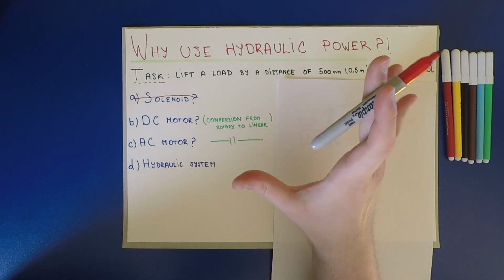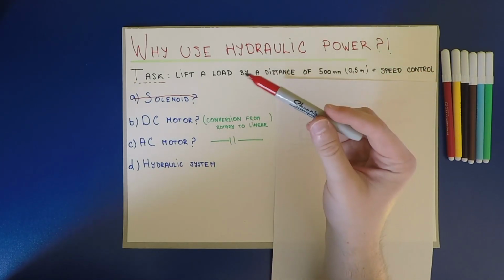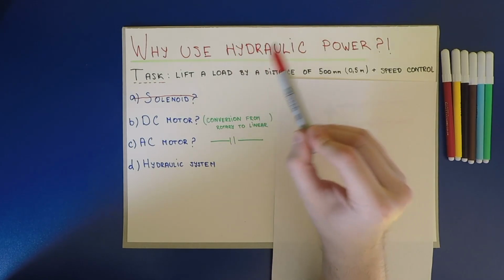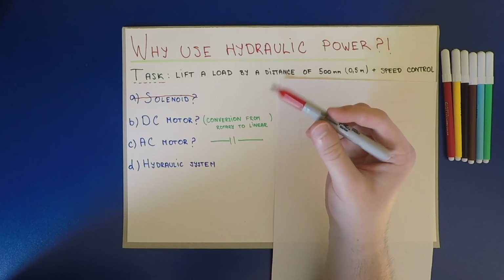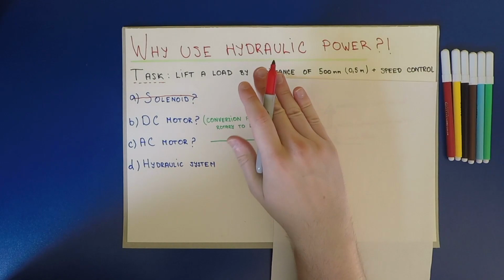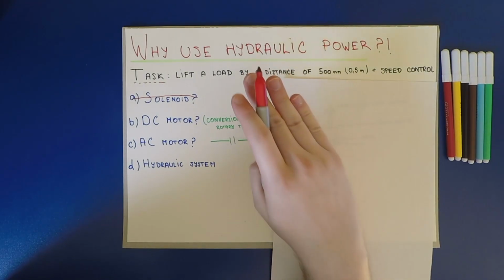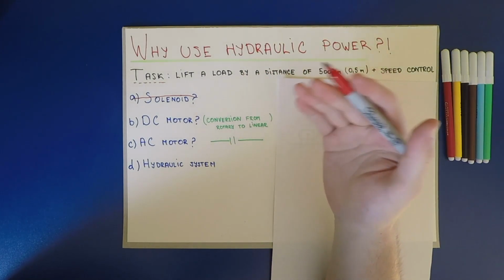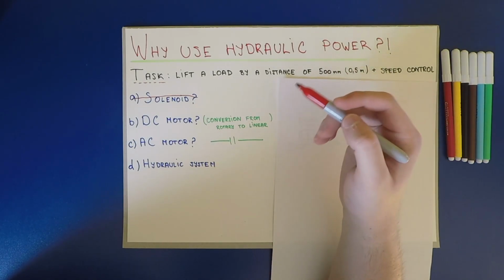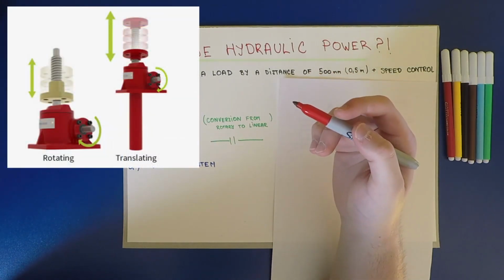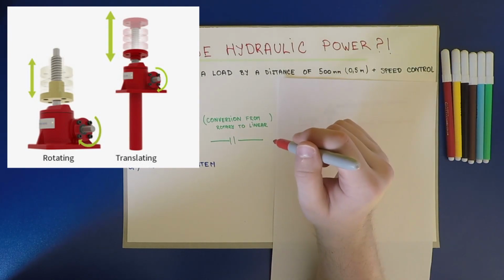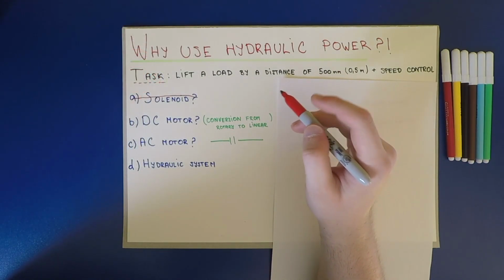One minor problem is that a DC motor has an output shaft that spins, so it has a rotary motion, and you need some kind of device to convert that rotary motion to linear motion, because we need to lift a load in linear motion. That's also not a problem because we have screw jacks and worm screws and all these different devices that are pretty efficient at converting rotary motion to linear.